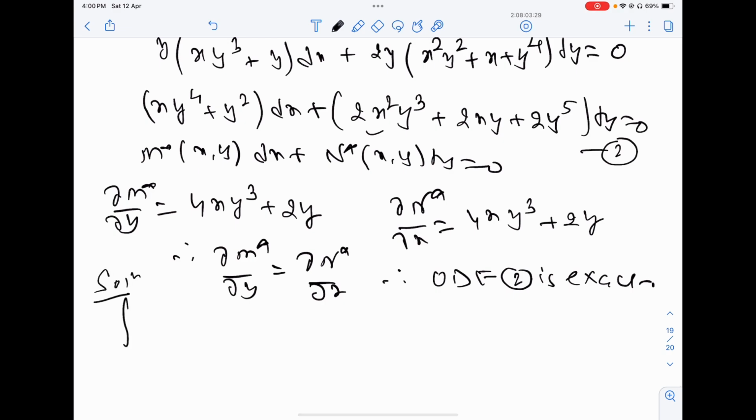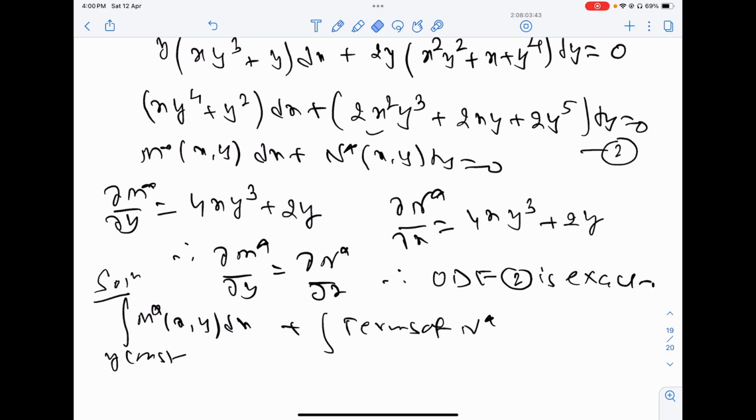So solution is integration of M star dx, where y is constant, plus terms of N star not involving x dy equal to c.